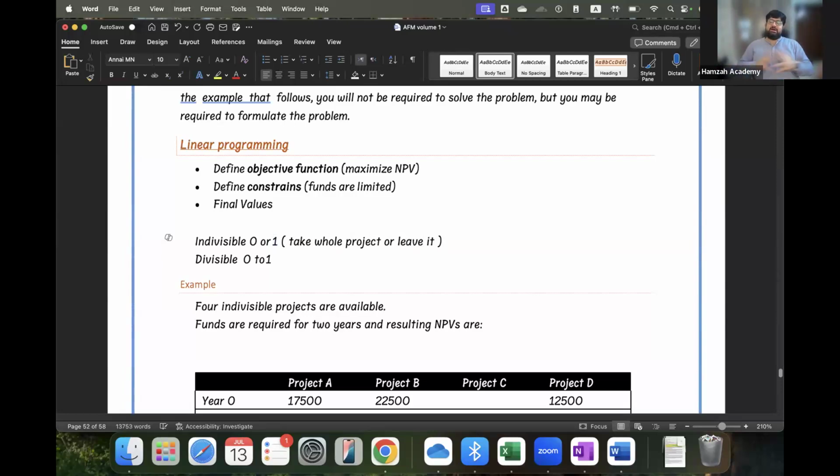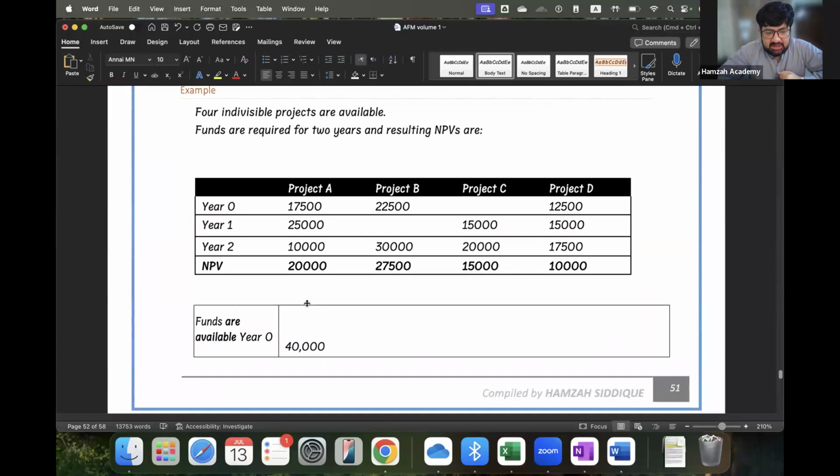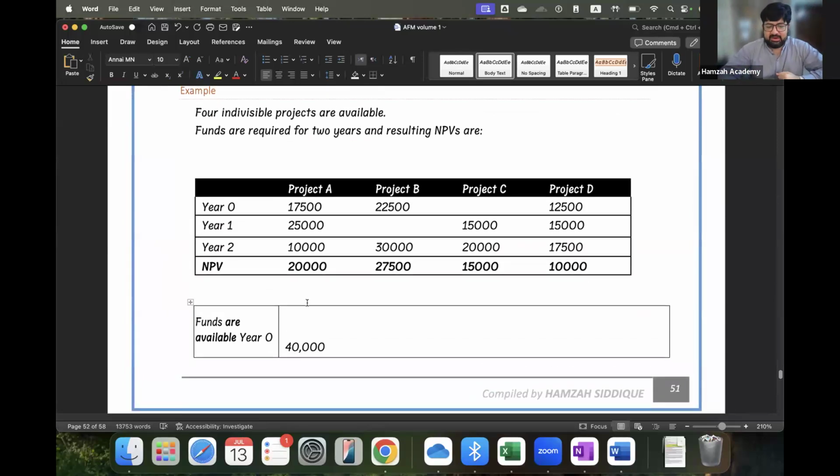You cannot take part. If projects are divisible, then you say you can take 0 to 1, meaning you can take a fraction, part of that as well. Now, very good example it is.